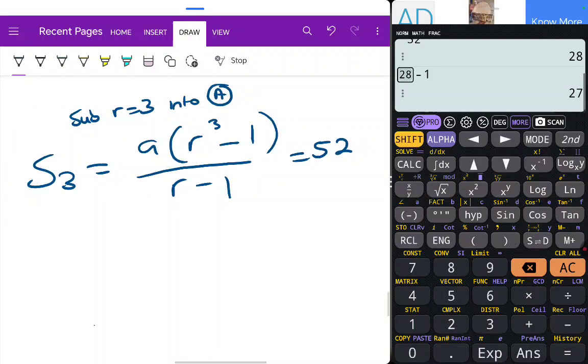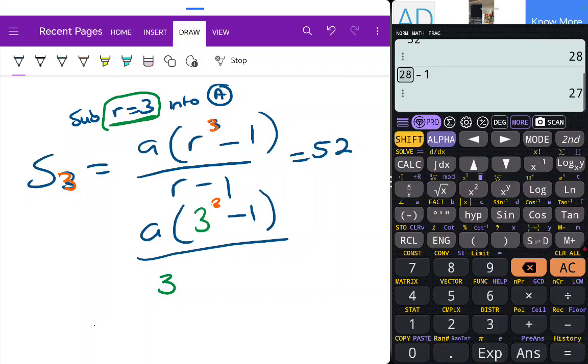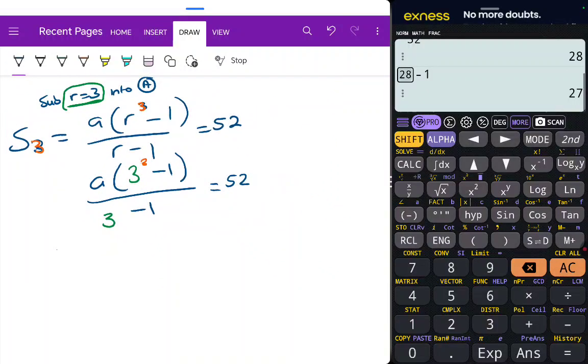So let's substitute A (3, that's that r over here, and my denominator is 3, and my exponent is 3, that's from here) minus 1 over 3 minus 1 is equal to 52. And then you go ahead and simplify, right?